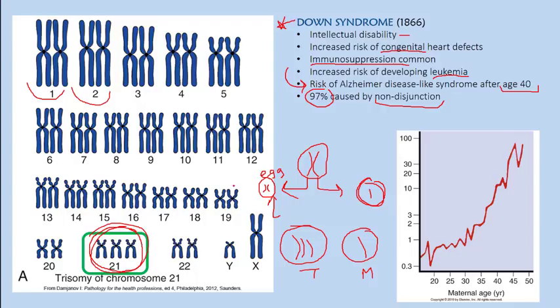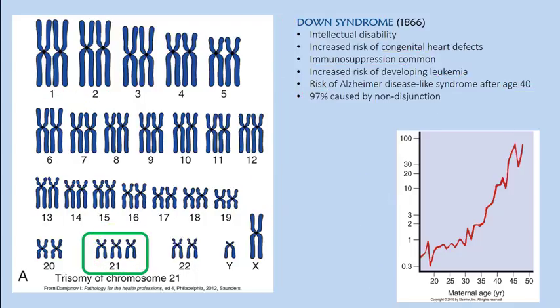So this is more commonly going to occur in females. And if we look at this graph here, you can see that this is maternal age. You can see that the risk of Down syndrome or cases like this non-disjunction goes up with maternal age. So chromosomal abnormalities are more common as a female ages, and you can see that there's quite a spike after the age of 35.